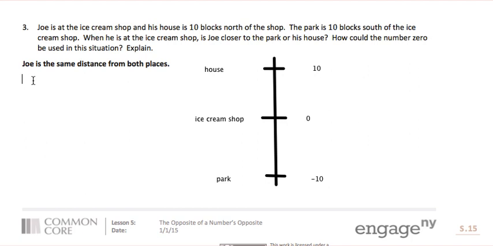And 0 in this situation we determined to be the ice cream shop. Which we can see after we labeled is very convenient.